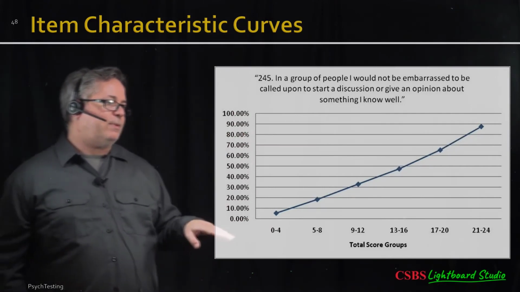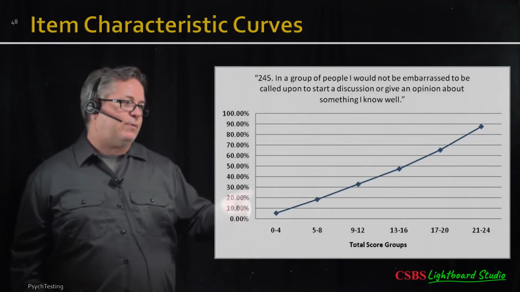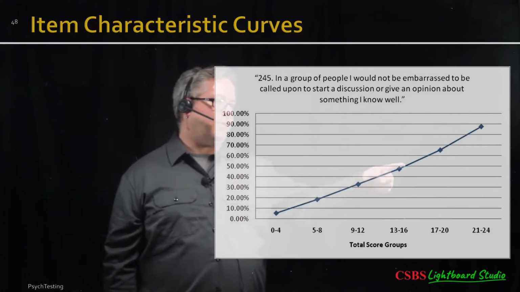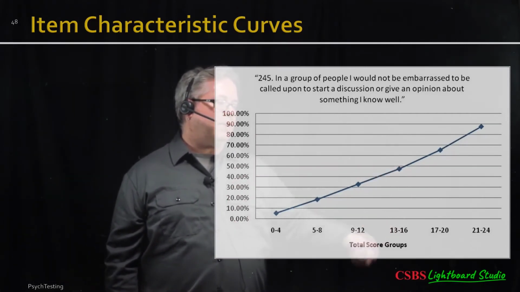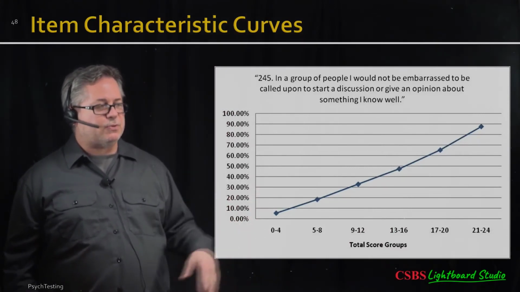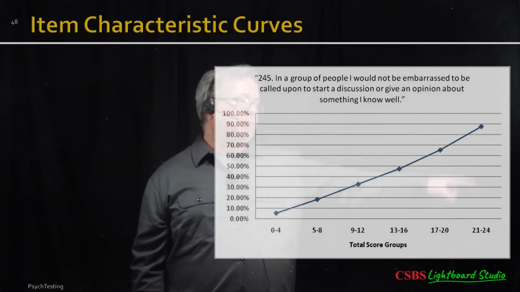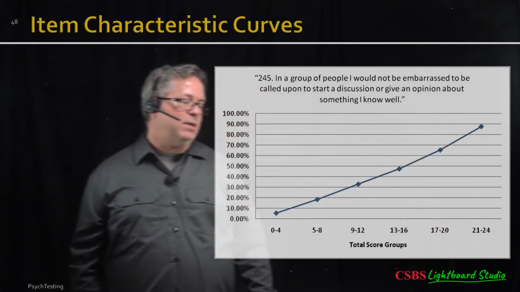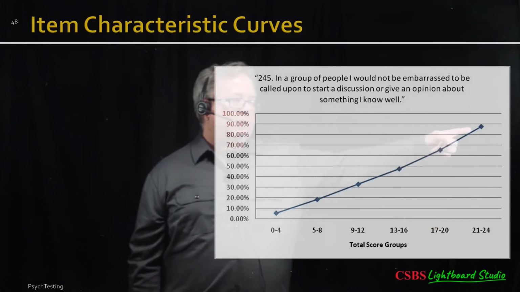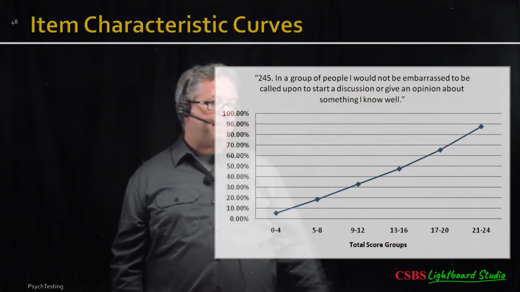As you go up, this is not a very good discriminating item, right? The difficulty is fairly high. If you get to this point, you're going to start to endorse the item in the direction of social anxiety. And again, you never quite get to 100%. Even people who are super high on social anxiety are not necessarily endorsing this item. By endorsing, I mean saying no to this. Okay?